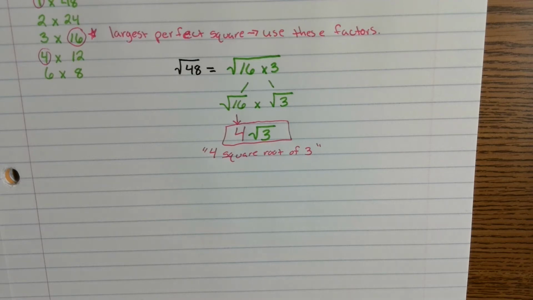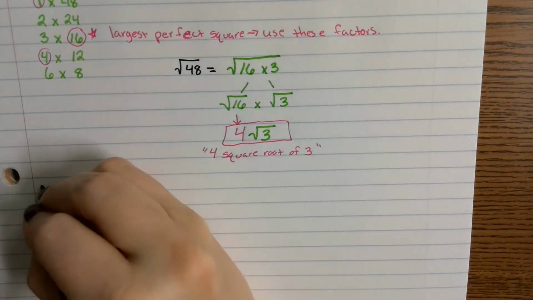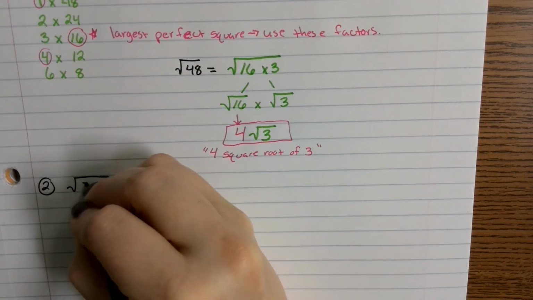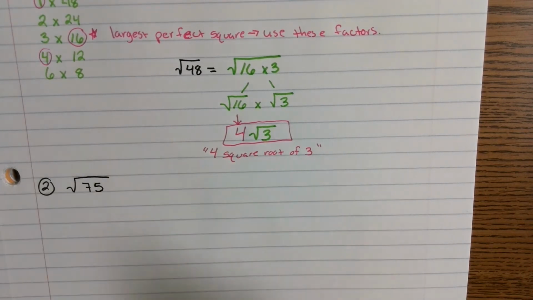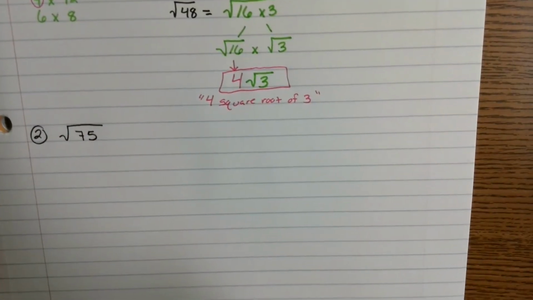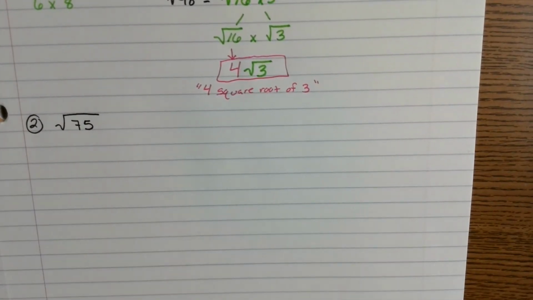Let's try another one. Square root of 75.